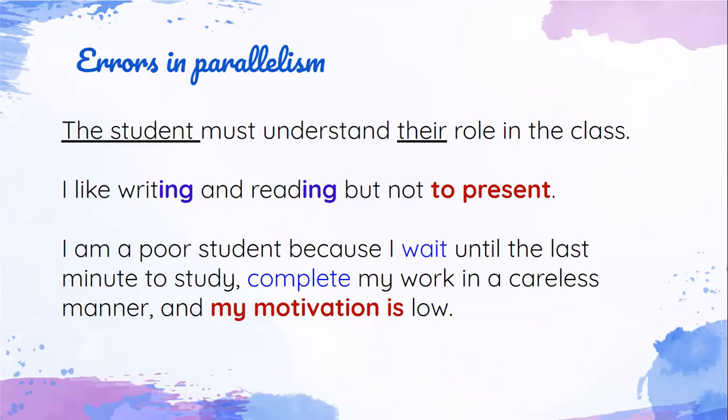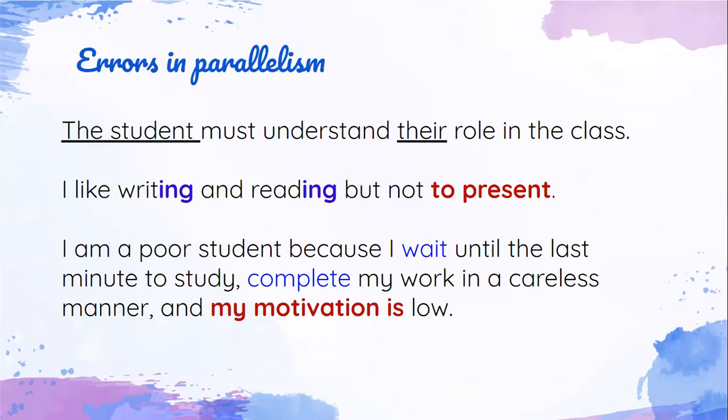To fix it, they might say something like "complete my work in a careless manner, and I don't motivate myself to do my homework." You can turn motivation into a verb, motivate, or scrap it and do a completely new verb or a new part of the sentence. You can't just throw a noun in there.